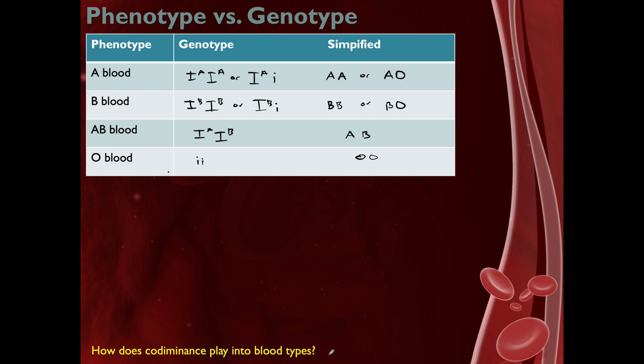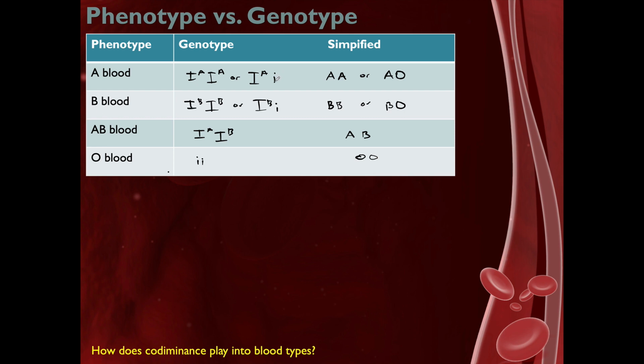It says, how does codominance play into blood types? Well, if you take a look at the genotypes for A blood and B blood, notice that in this case the dominant allele was donated twice, which is easy to understand that that would translate into a person having A blood. But then notice that in this case, the A allele got donated by one parent and the recessive allele that gets masked was donated by the other parent.